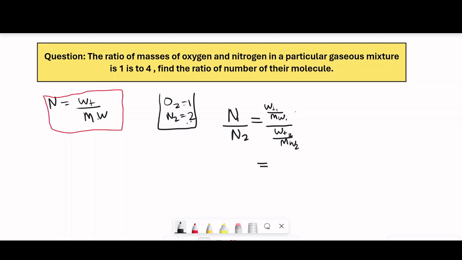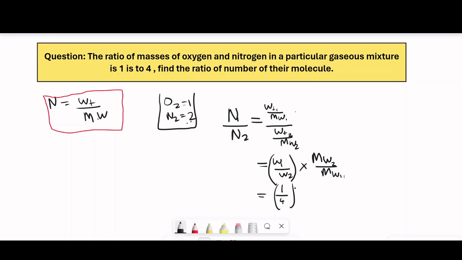Now when you rearrange them, it comes as weight 1 divided by weight 2, into molecular weight 2 divided by molecular weight 1. Now hold on. We know this, right? Because the ratio is given, so we can directly put them in. So 1 divided by 4, right? Because as I have said, the ratio of masses of oxygen and nitrogen in a gaseous mixture is 1:4.